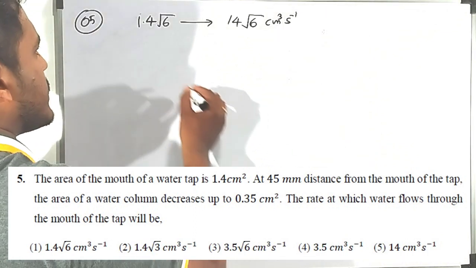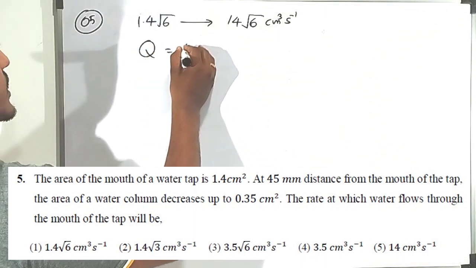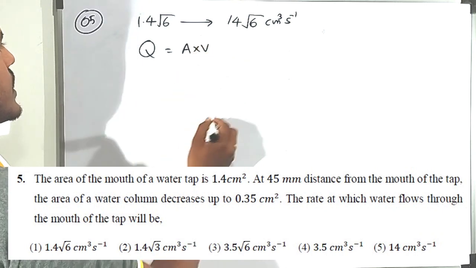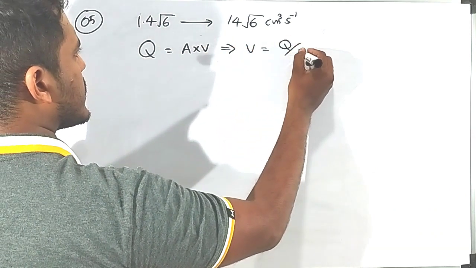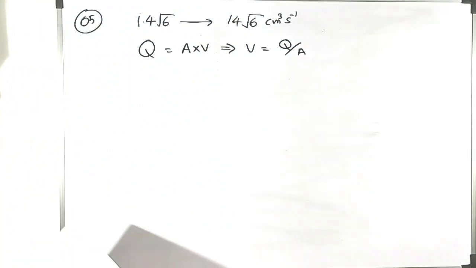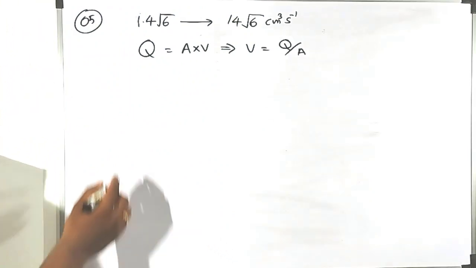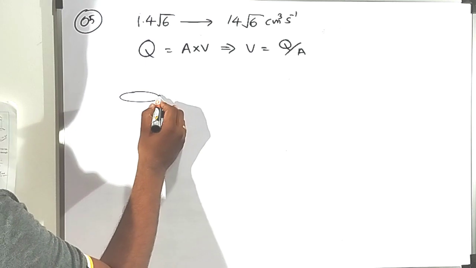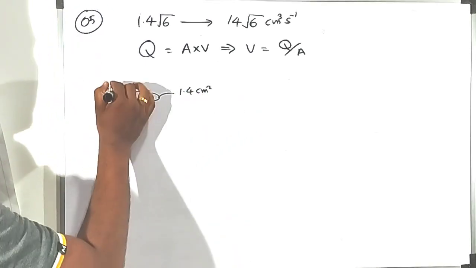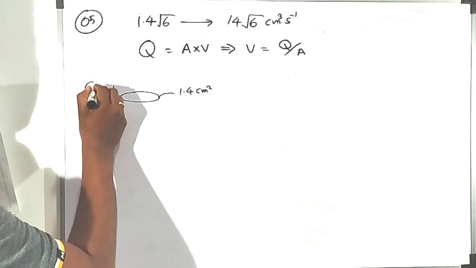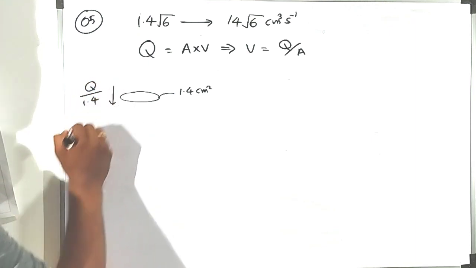You know that the flow rate Q equals cross-sectional area into velocity. Then velocity equals flow rate divided by cross-sectional area. Here the area of the mouth of the tap equals 1.4 centimeter square. Then the velocity will be Q divided by 1.4.